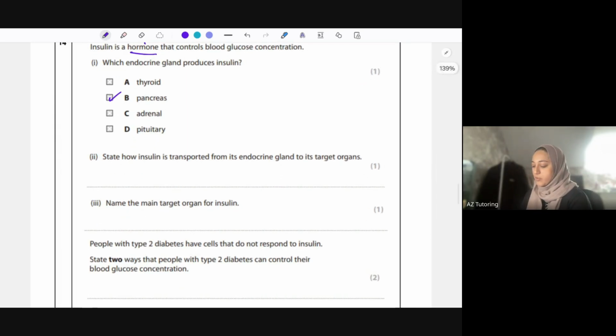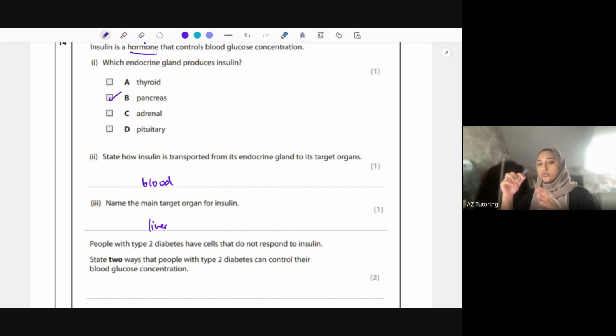State how insulin is transported from its endocrine gland to its target organs. It goes through the blood to where it needs to go. Name the main target organ for insulin. That's the liver. The reason why it's the liver is because insulin is used to lower the blood glucose concentration. To do that, it tells the body to use the glucose for respiration.